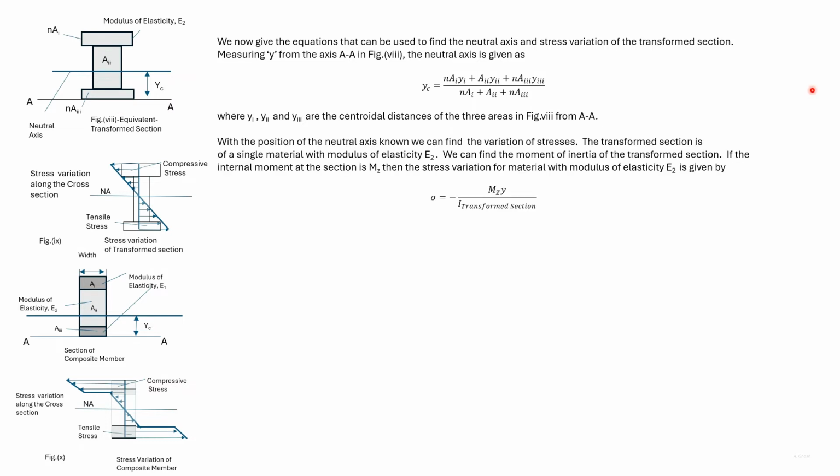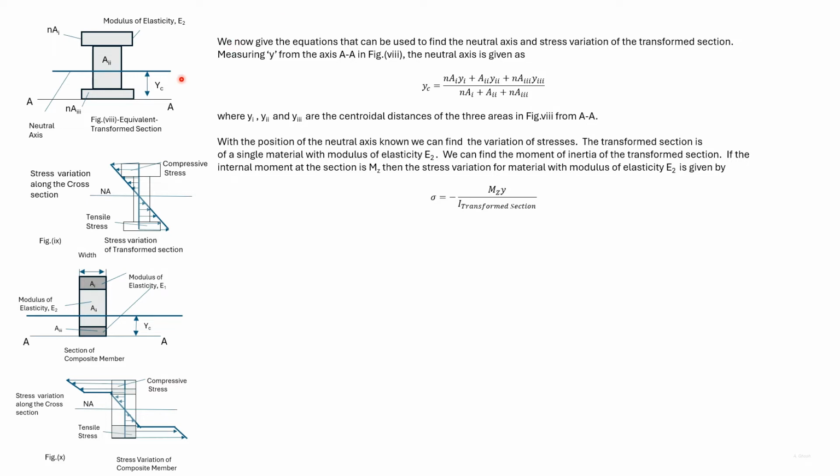Once we have the centroidal distance, we can find the moment of inertia of the transformed section. For the three areas, we can find the moment of inertia of the areas about their own axis. Using the parallel axis theorem, we can then add AD square for each of the three areas.